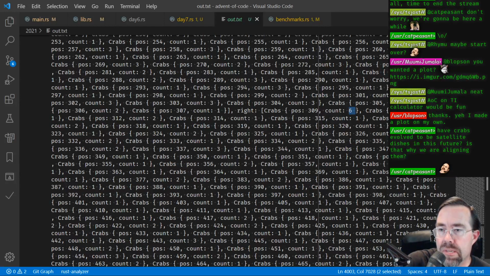And then there's 6 to the right, and we're on 1, so actually, wouldn't we want to take that? We would want to take 6 off to the right at the cost of adding 1 to the left.